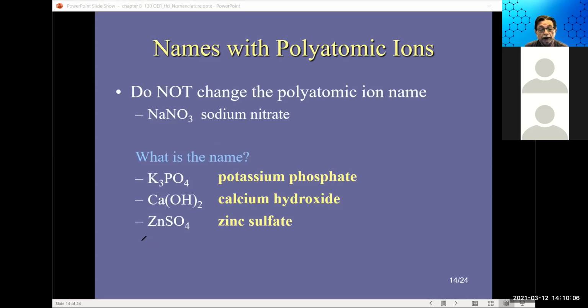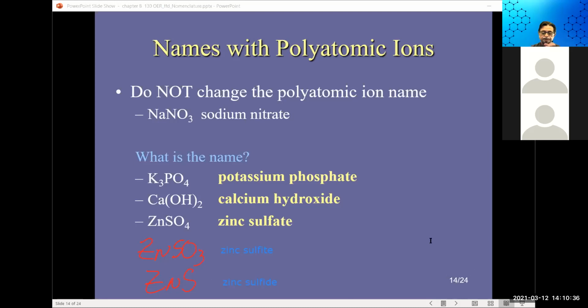We have the zinc SO3 and the zinc S. With respect to names, this would be zinc sulfite. And the next one down there would be zinc sulfide.